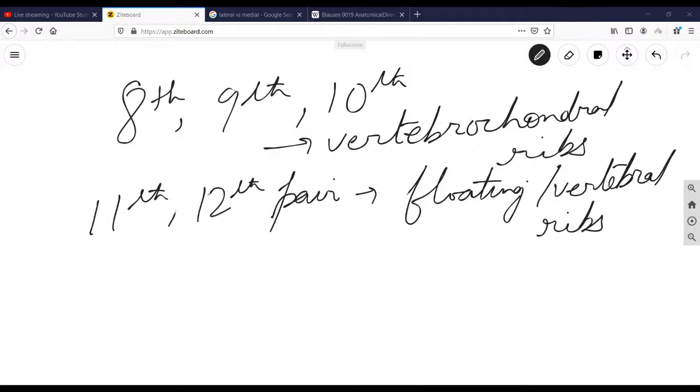It is not indirectly, but not directly. They are just hanging. It is just not attached to the sternum at all. Posteriorly, these ribs are attached to the thoracic vertebrae, but anteriorly they are not attached. They are like a hanging garden.